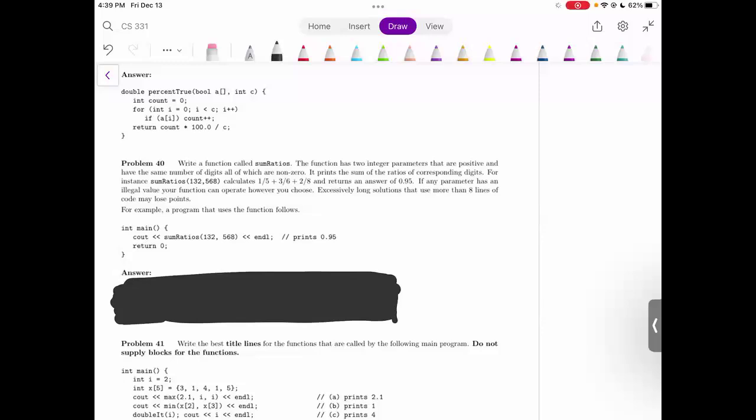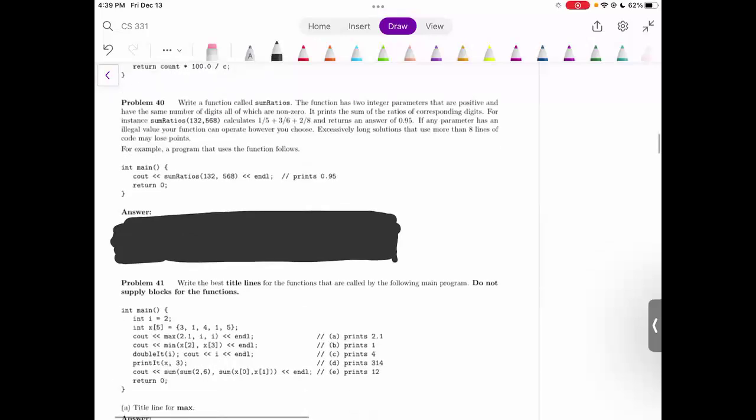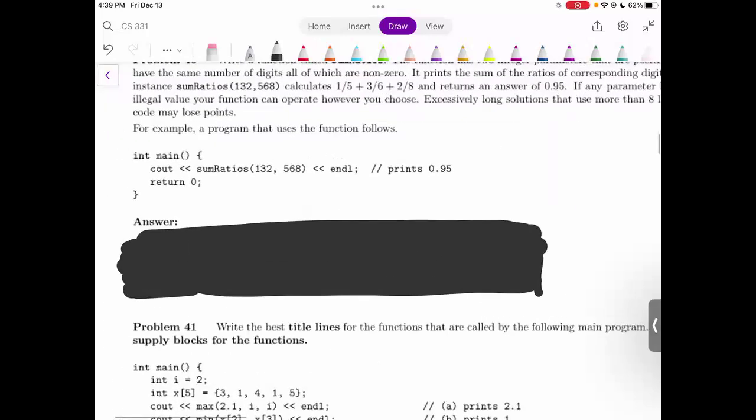Okay. So essentially, we can return the double, right? We can return an integer, but it's better to be safe and say we can return a double. And then sum ratios takes in 2 integers.